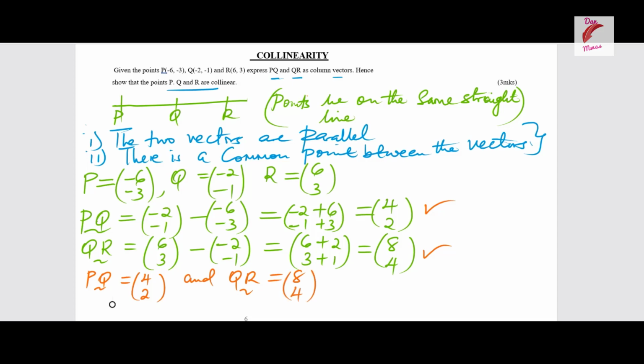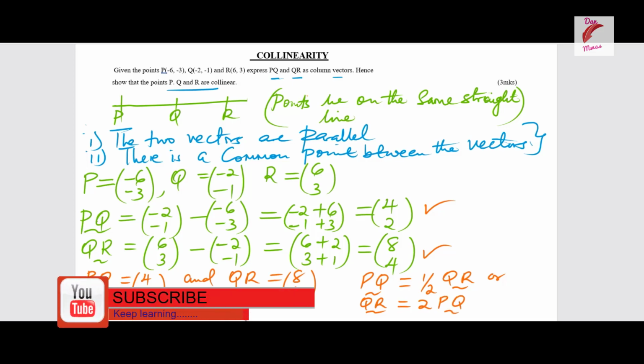Now I want to show that these 2 vectors are parallel, and when you observe the 2, you note that vector PQ is a half of vector QR, or you can also write this as QR can be obtained by getting 2PQ.